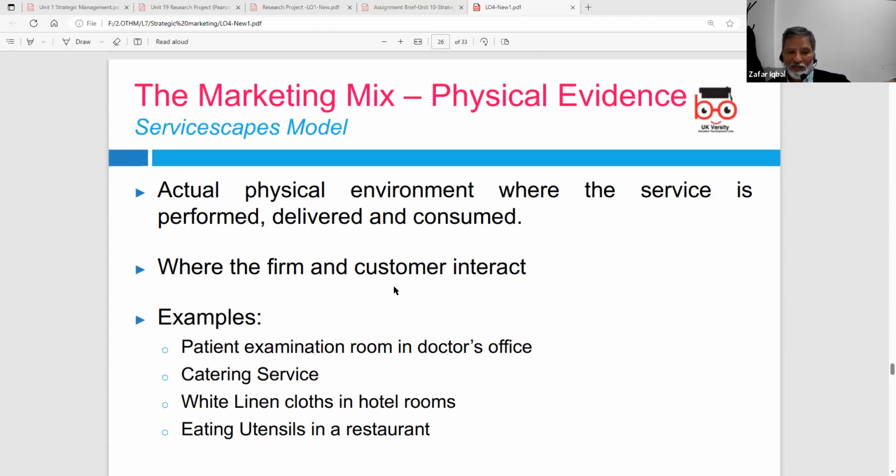For example, when you examine patients in a doctor's office, this is physical evidence. A dirty examination office will give you a different image than a clean examination room of a doctor's.